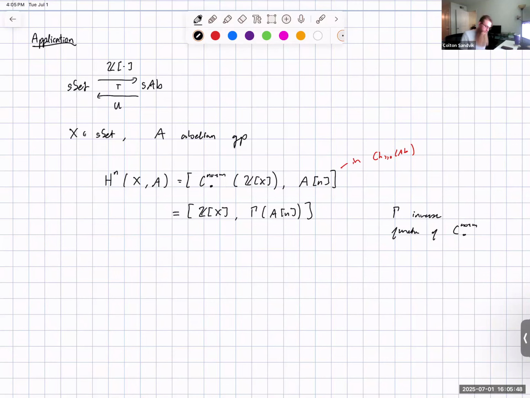So we can apply Dold-Kan, and now this is in the category of simplicial abelian groups. And just to write carefully, this is Dold-Kan.